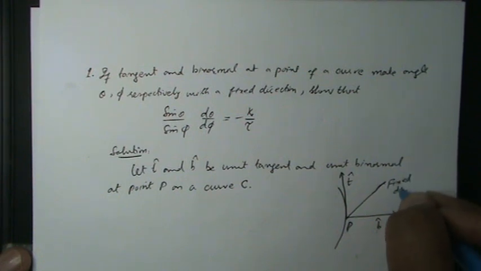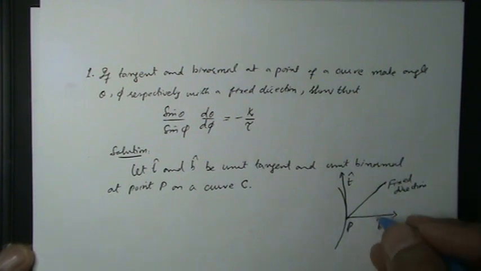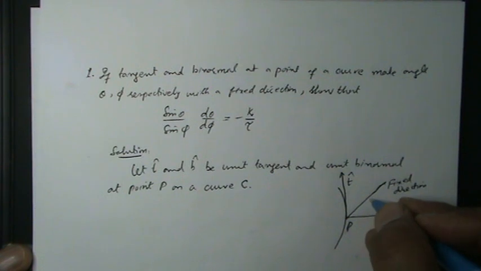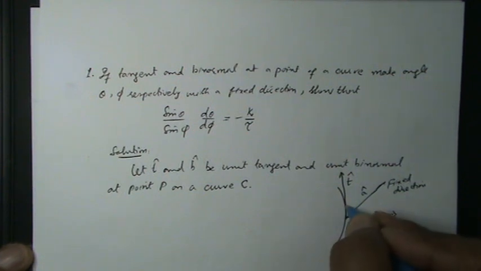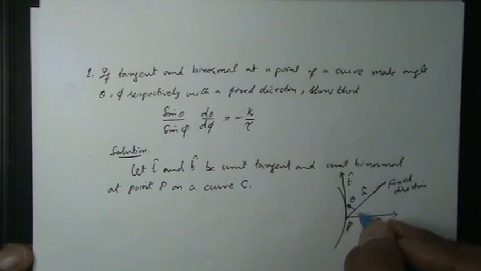A is a unit vector along the fixed direction. This makes angle theta, and this makes angle phi.